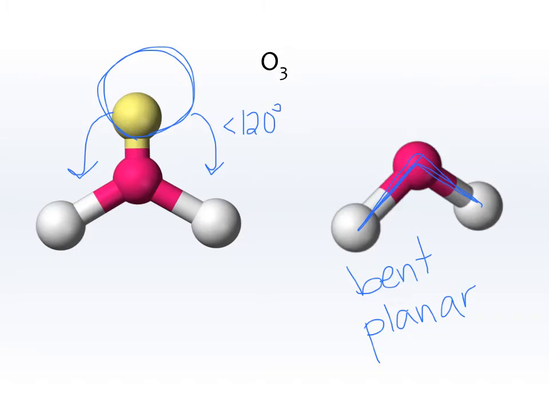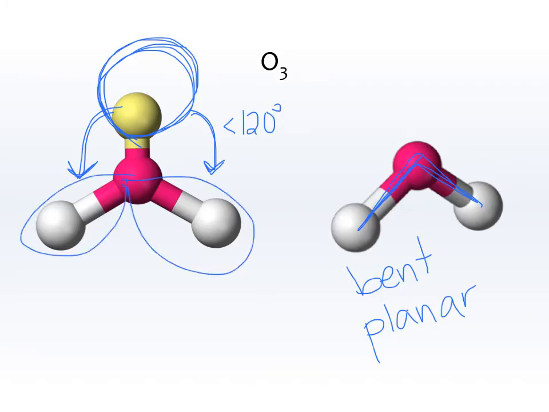So, recap, the giant lone pair pushes the bonding pairs away from each other and repels the bonding pairs more than the bonding pairs repel each other. It still has 3 areas of electron density, 1, 2, 3, so it has the basic shape of a trigonal planar, but because of the lone pair, the angle is actually a little bit less than you would expect. This angle is a little bit less than 120 degrees.